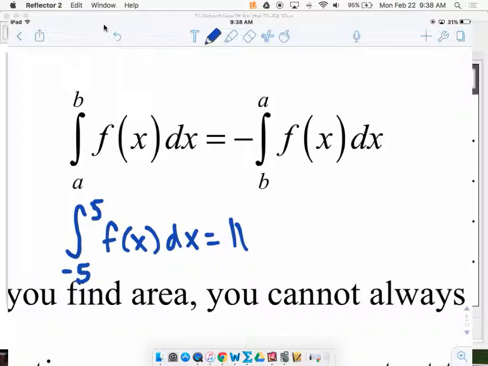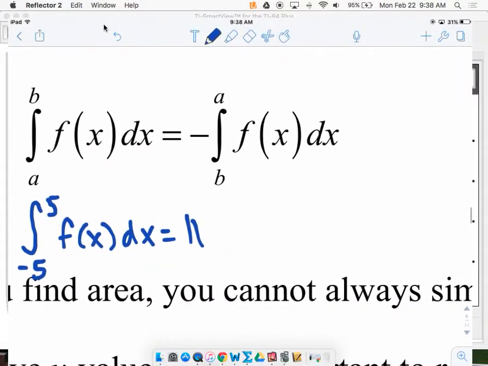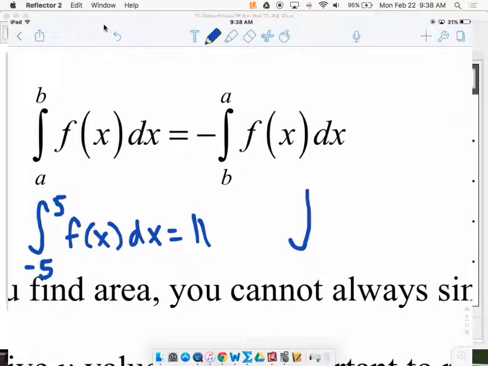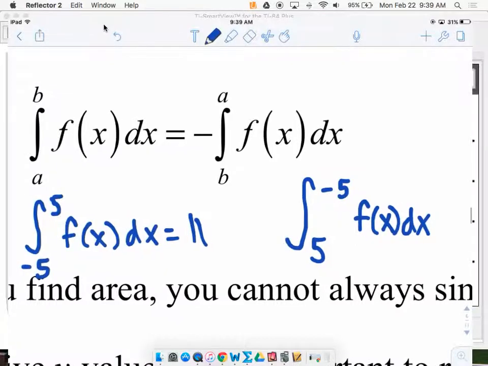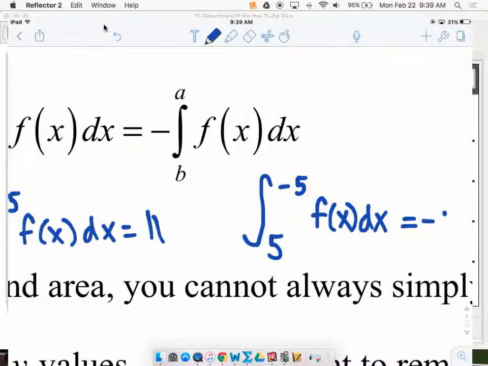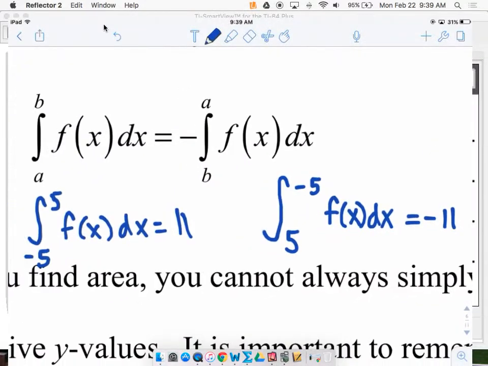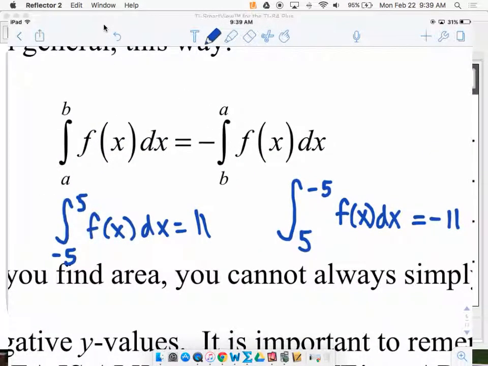So if I switch that, now I'm going from 5 to -5. And what did that give us? -11, right? What I want to do is make them the same answer, so I can attach a negative out front.